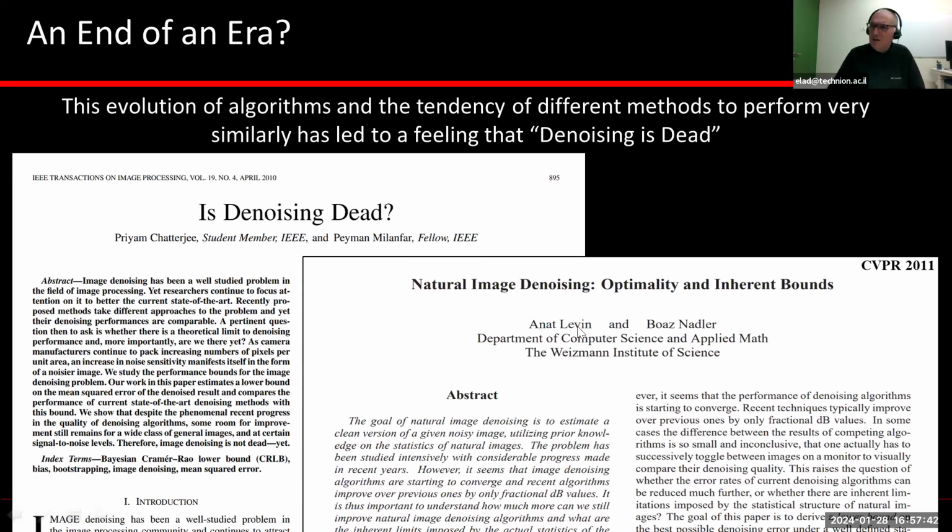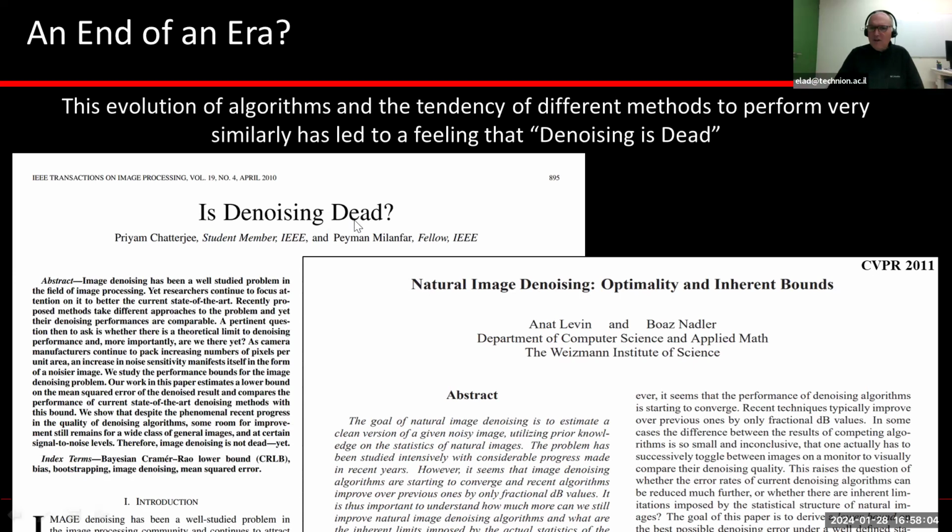Annealed Langevin is a faculty member in EE in the Technion. At the time, she was in Weizmann Institute. A paper she published with Boaz Nadler did the very same thing a year later. Their bound was different. Their message was similar. The idea is, hey, denoising is not dead. There is more that can be achieved, but we don't really know how to get there.